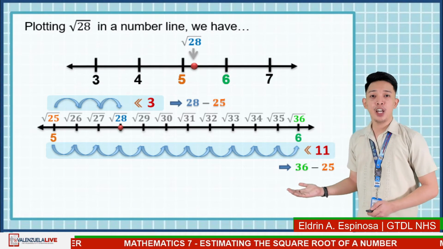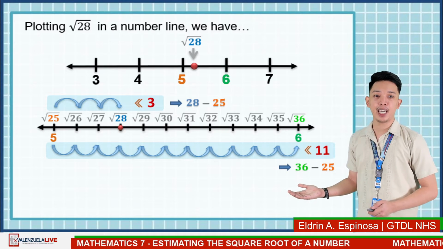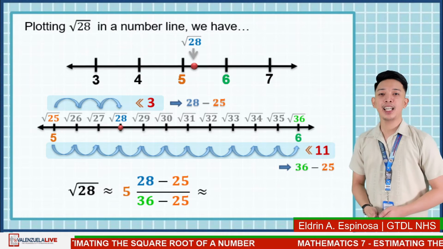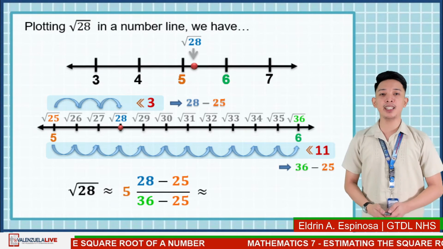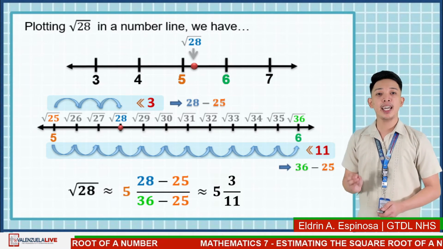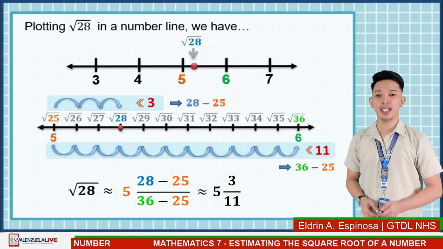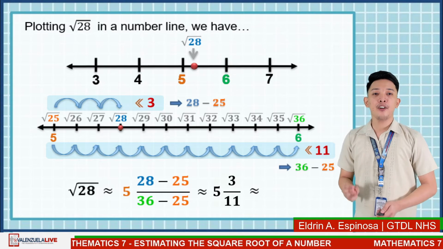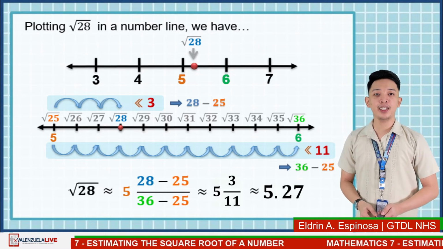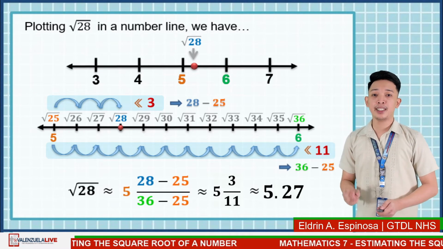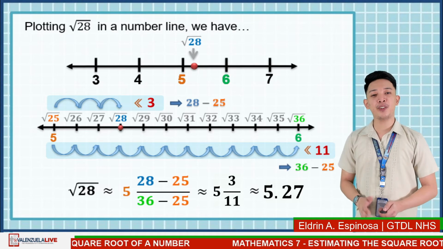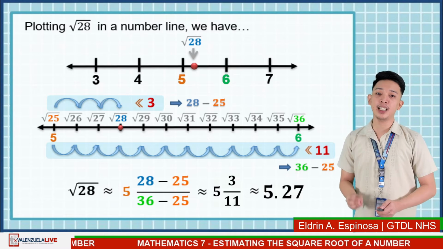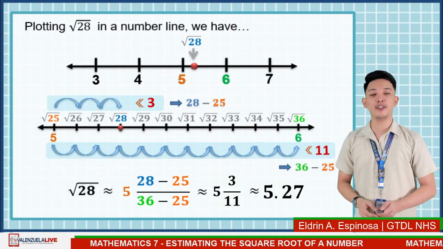So we have 36 minus 25 is equal to 11. Hence, square root of 28 is approximately equal to 5 and 3 over 11. Converting this to decimals, we will get 5 and 27 hundredths. But take note, this is just the first estimate. We need to check if the value is still closest to square root of 28.